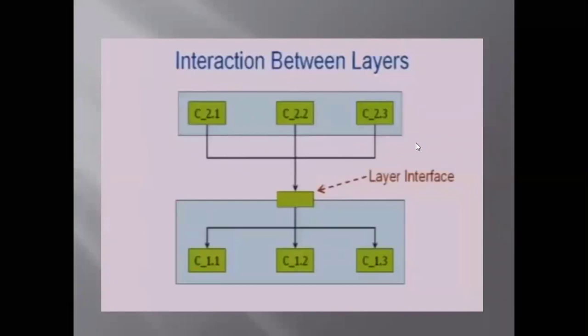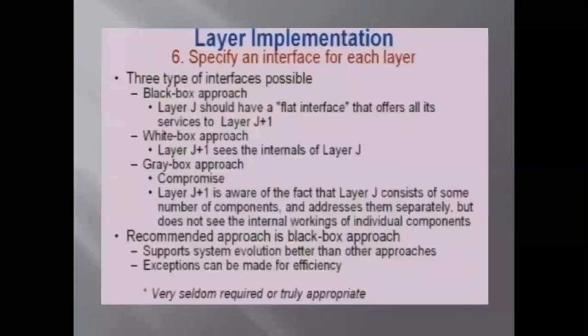The other approach is the white box approach, where layer j plus 1 sees the internal details of layer j. It has much more transparency compared to the black box approach, where the individual components can communicate. The other is the gray box approach.